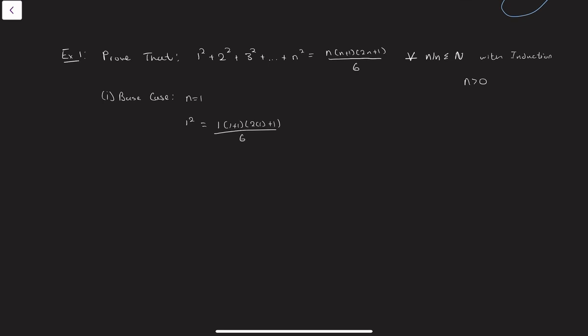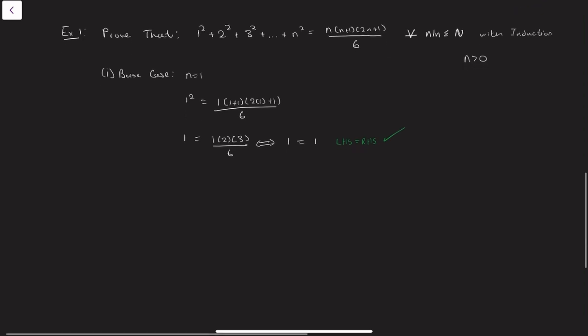We just plug in n is equal to 1 in our statement. And it turns out 1 squared is equal to 1. And we have 1 multiplied by 2 multiplied by 3 all over 6. Well, this is just 1 is equal to 1. 2 times 3 is 6. 6 divided by 6 is 1. So we've proved that the left-hand side is equal to the right-hand side for our base case. So we're done with that part.